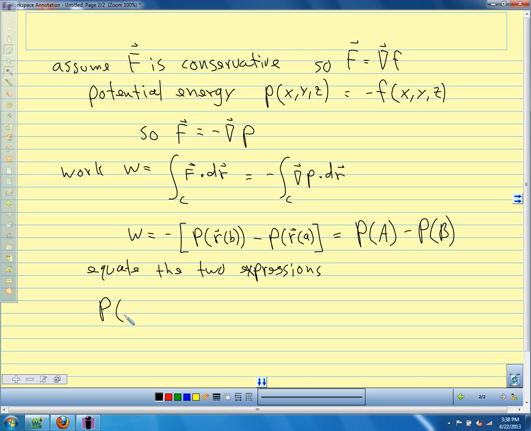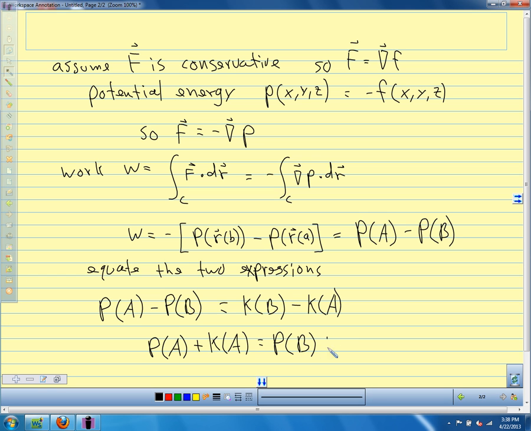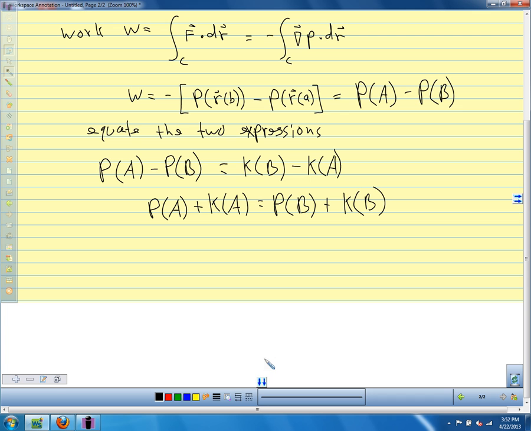So we're going to say that potential energy of A minus the potential energy at B equals, and our previous expression for the work was the kinetic energy at B minus the kinetic energy at A. And I can rewrite this and say that the potential energy at A plus the kinetic energy at A equals the potential energy at B plus the kinetic energy at B. And what this is telling us is that if we have a conservative force field, our field is doing some work on a particle moving from point A to point B, the sum of the potential energy and kinetic energy is constant.